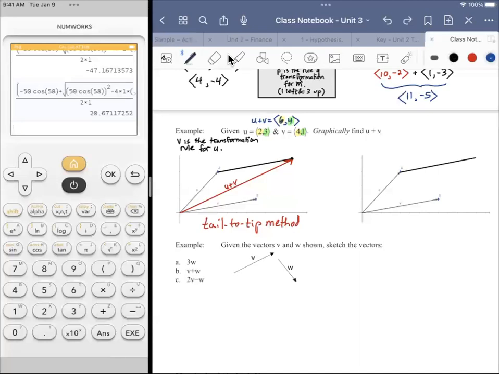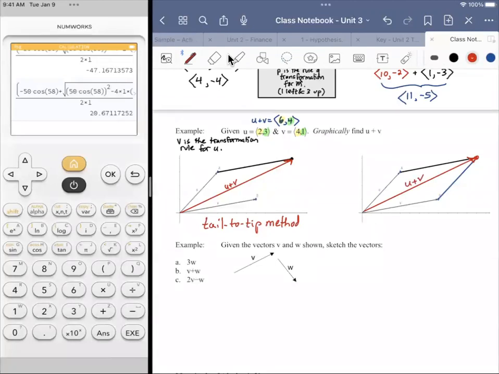Take this line segment and put it over here. So I have two tail to tips going on. The intersection here, we call it the resultant vector, but we also call it the vector sum. So this would also be U plus V.